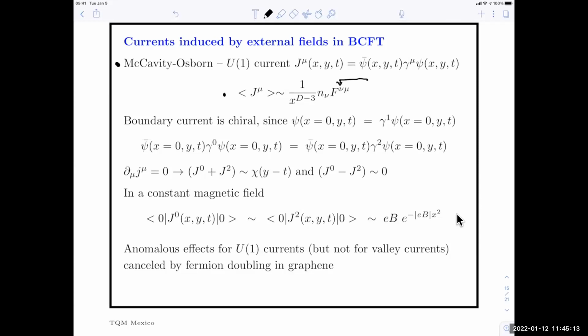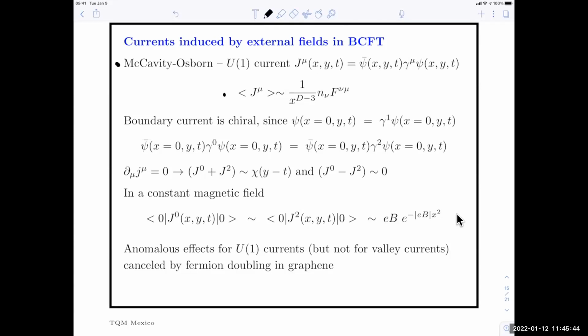the component of F mu nu normal to the boundary, well, sorry, it's sort of normal. Here n is the normal to the boundary, so F mu nu contracted with a unit vector normal to the boundary is this quantity, and the expectation value of the U(1) current in the theory should just be proportional to that. Let me clean it up a little here.